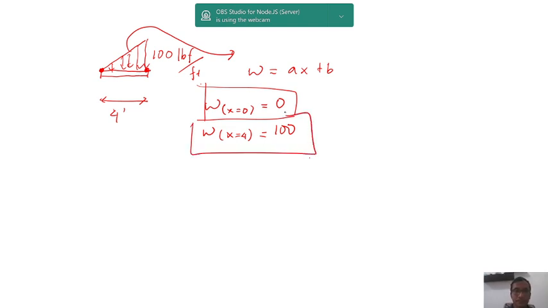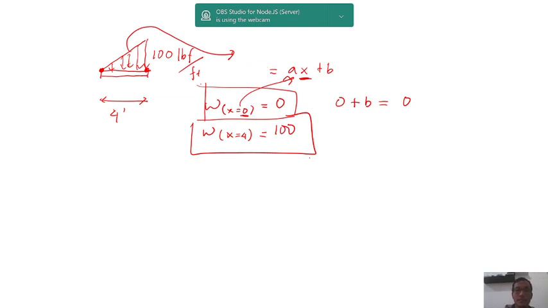Let's try. At x equal to 0, if we substitute it to this, what we will get is 0 plus b is equal to 0, right? Because the w here is 0, and x is equal to 0, we have to put it here.